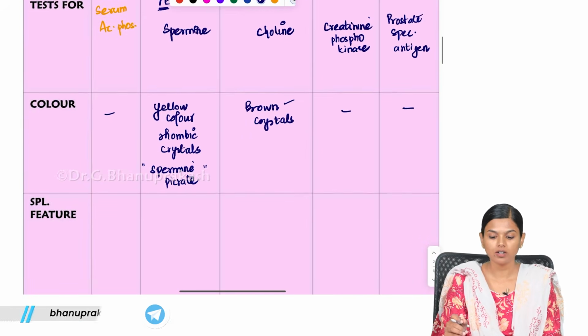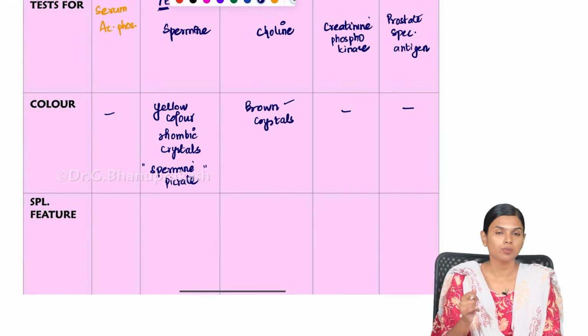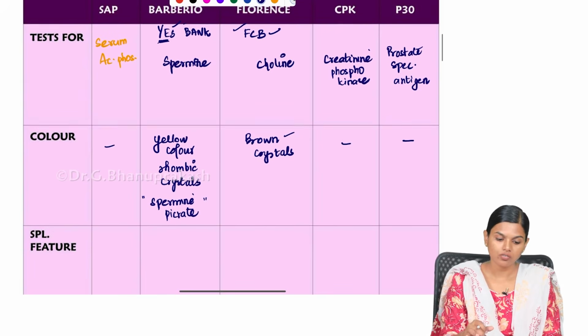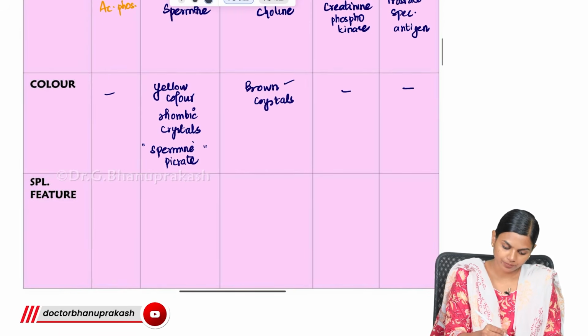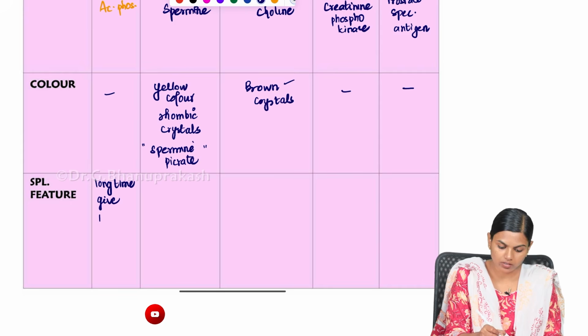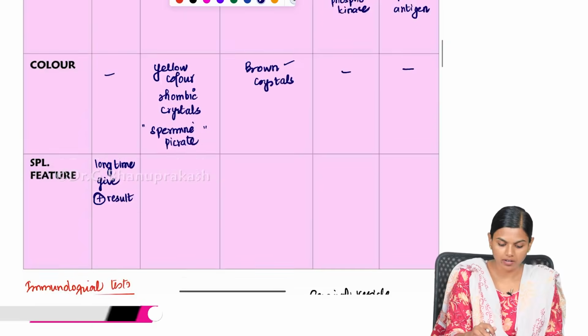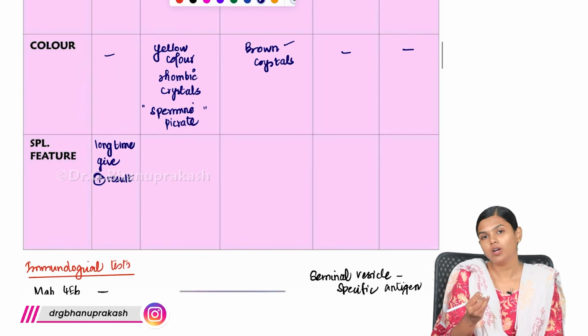Apart from that, there are certain special features that are specific to each test. So first is this SAP. Here the special feature is that even after a long time, it will give a positive result, and it does not need to have sperm.